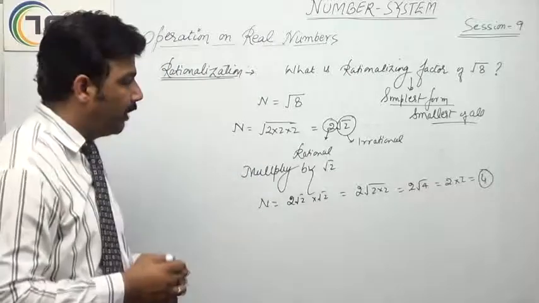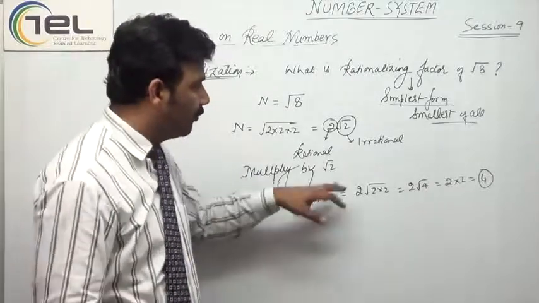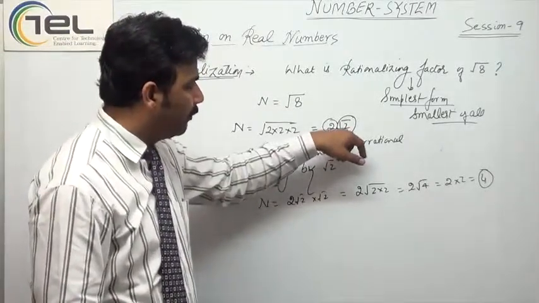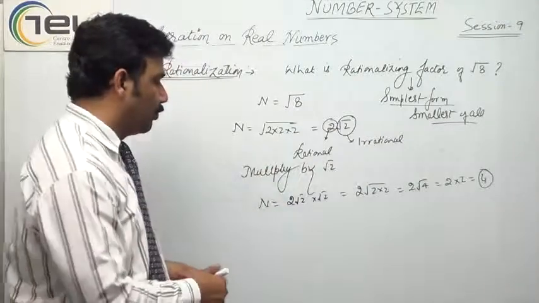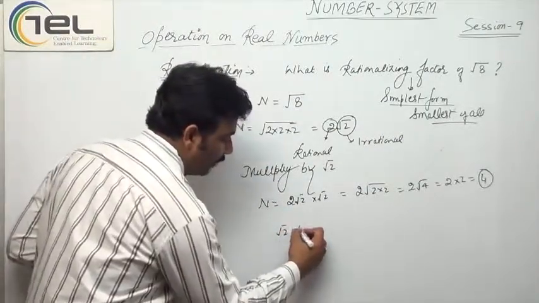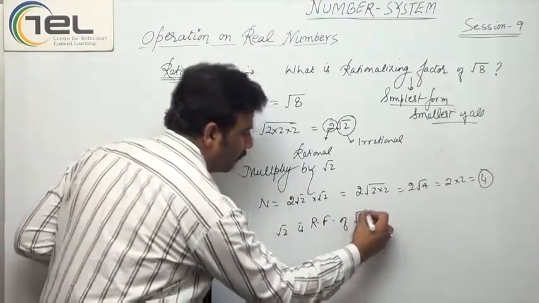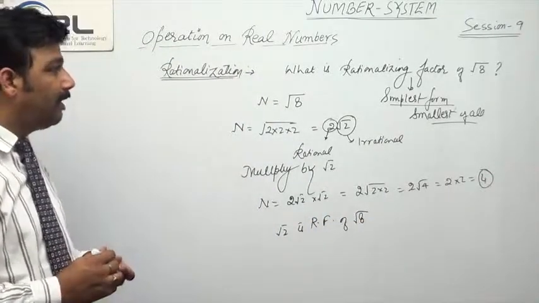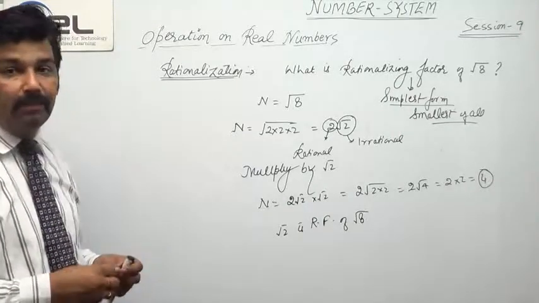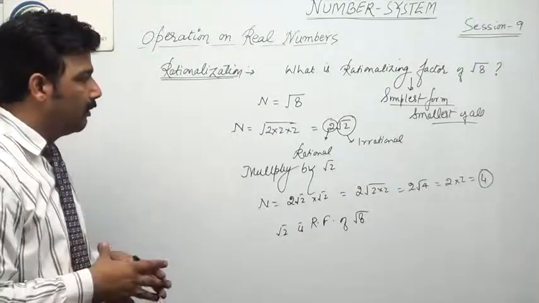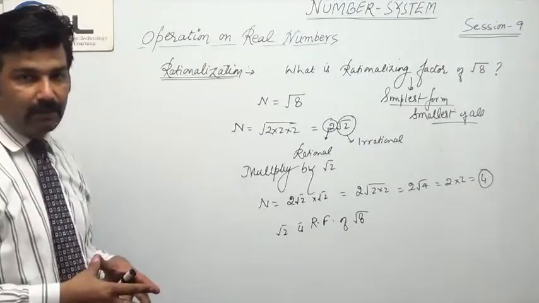So how easily I have done my work. My work is very easy. What I did is I multiplied this by square root of 2. So this root 2 is the rationalizing factor of root 8. We need the minimum thing. Why should we take the greatest one?